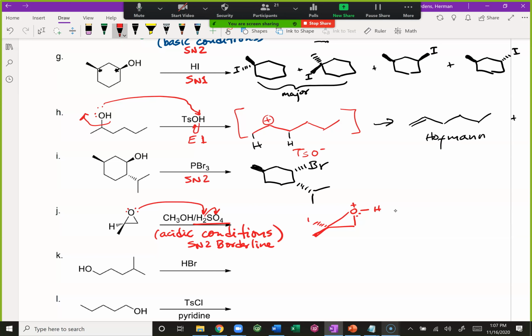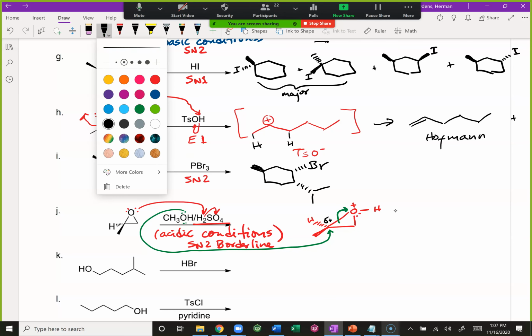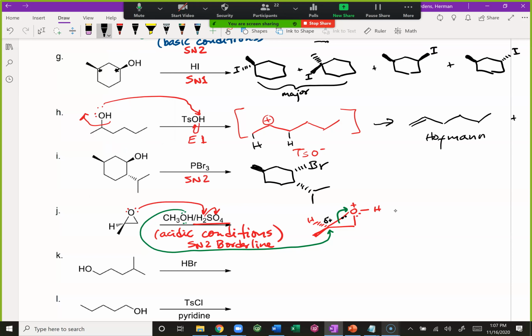This H is towards the back, and so this carbon is partially plus. All right. So the nucleophile that you have here is methanol, and that's going to attack where? Most substituted. So it's going to come right there, hits it, and those two electrons that are on this bond will be transferred to the oxygen that has the plus.